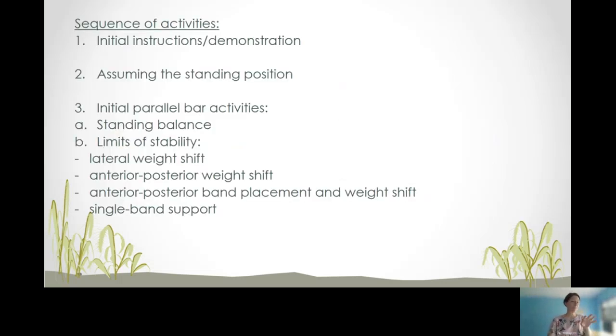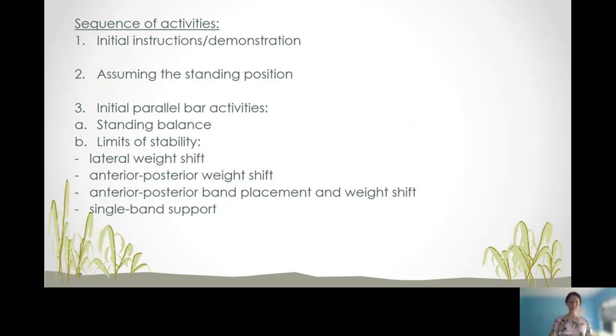So let's now sequence, and in your mind picture you and the patient now going to do these preambulation activities. Remember, firstly, you give the initial instructions. Show them what they need to do. Tell them, show them, and let them do it.